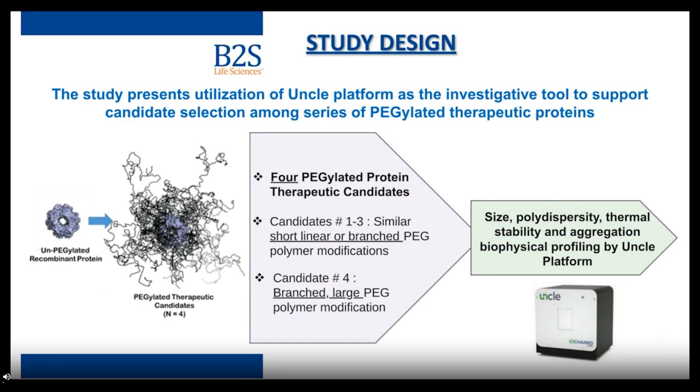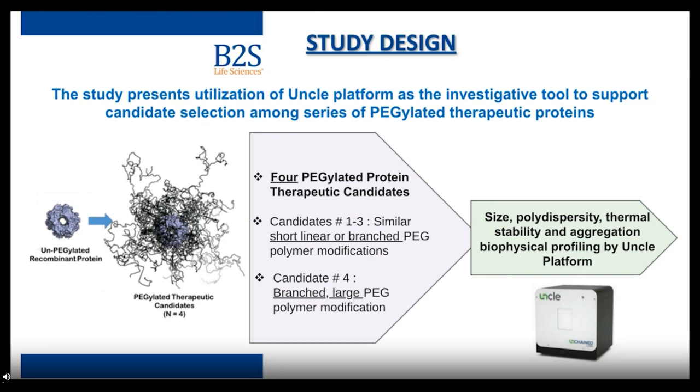Again, we have a study design slide for this case study to define the scope of it. We received one unpegylated, or the parent unpegylated enzyme, and then 4 pegylated variants of it.